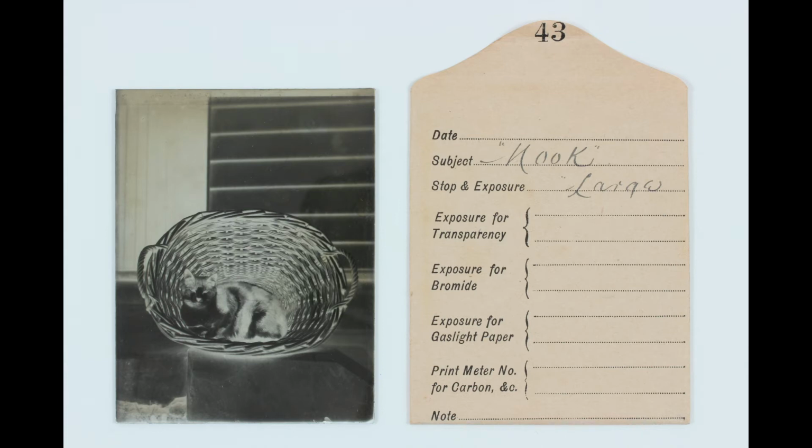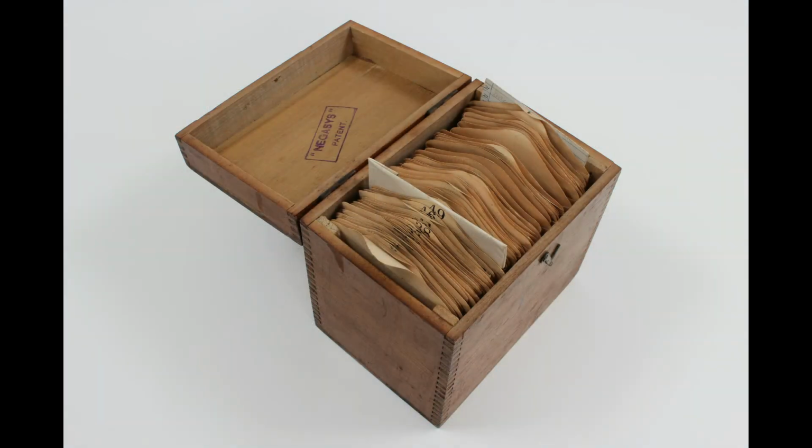Now let's look at this example because it illustrates very well some of the points I've just made. On the left you have the original glass plate negative, which dates from about the time of the First World War. On the right you have the enclosure that it was in. And then you have the box that it came in, which has two sequences of negatives, both glass and film.